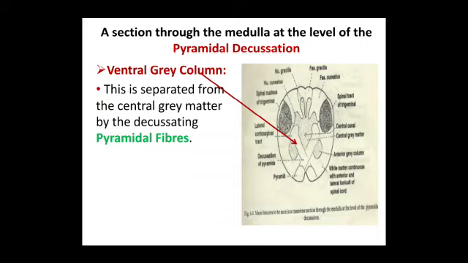So in the grey matter, the ventral grey column is separated from the central grey matter by the decussating pyramidal fibers.